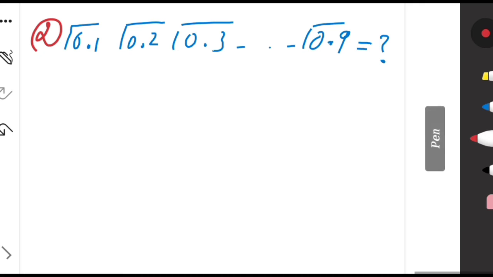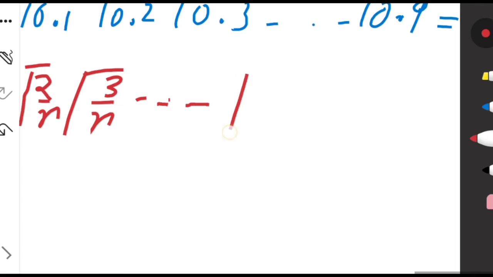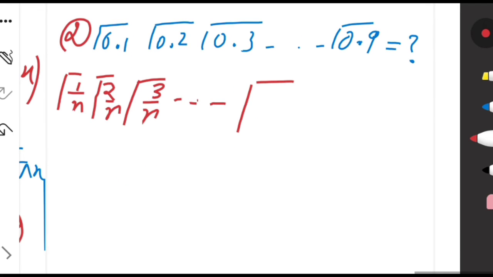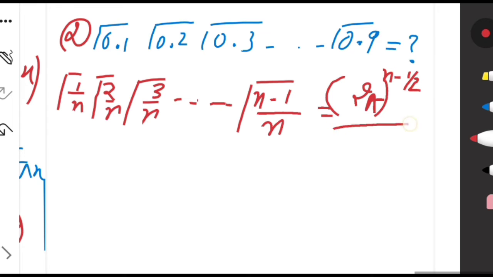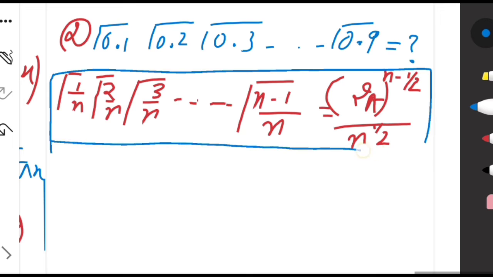We are using a formula which says that gamma 1 by n, gamma 2 by n, gamma 3 by n, and it will go like this till gamma of n minus 1 by n, is equal to (2 pi) to the whole power (n minus 1) by 2, divided by n to the power half. This is the required formula.